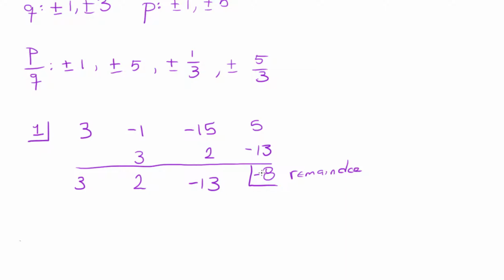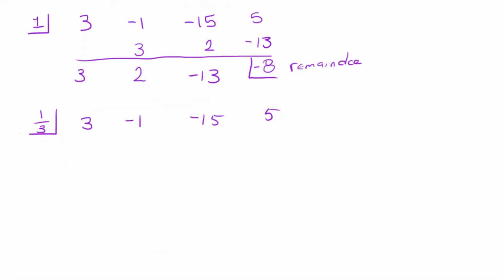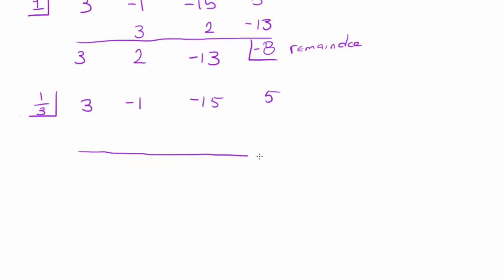Now, like I said, I'm going to do 1/3. Okay. So you got 3, negative 1, negative 15, and 5. Lower the 3. 1/3 times 3 is 1.